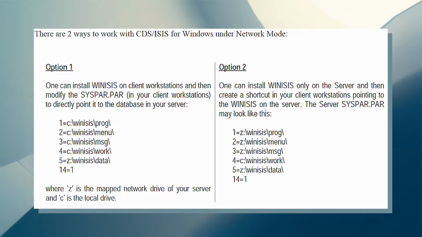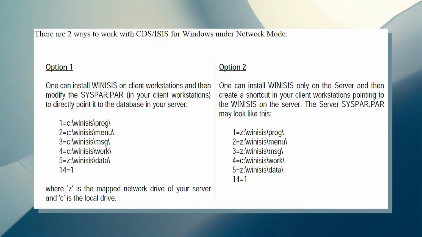Now, if you want the first option, where your server as well as clients both have CDS/ISIS for Windows installed, there you have to utilize this syspar.par file. Parameter 14 must be 1 to make your CDS/ISIS LAN compatible. Then in the first four options, that is the program, menu, message and work, you can set your local drive, that is C:\WinISIS program, menu, message, work.